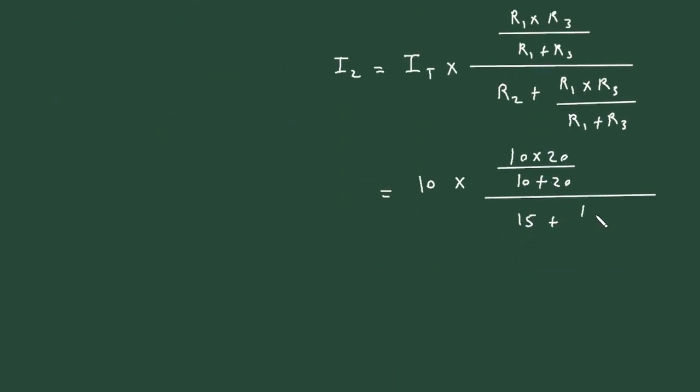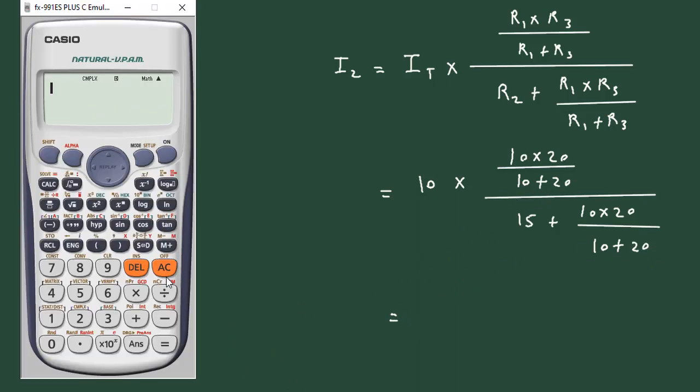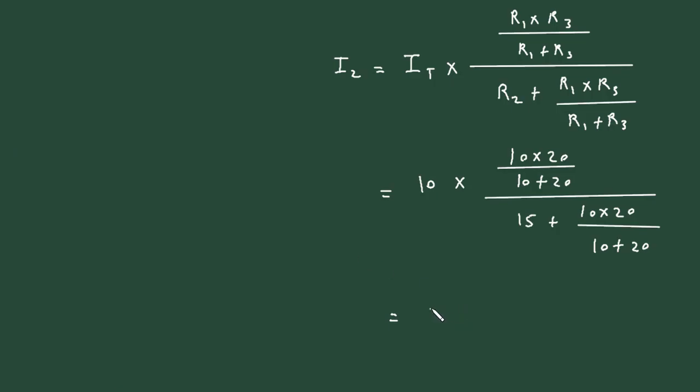Now this time we have to find this current. So its opposite or parallel branch is this branch. So opposite branch resistance will be R1. So this will be R1 divided by total resistance. So it will be R1 plus R2.